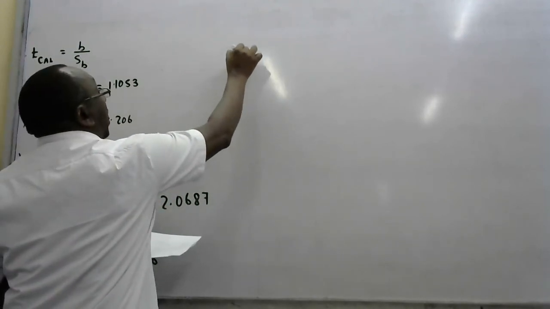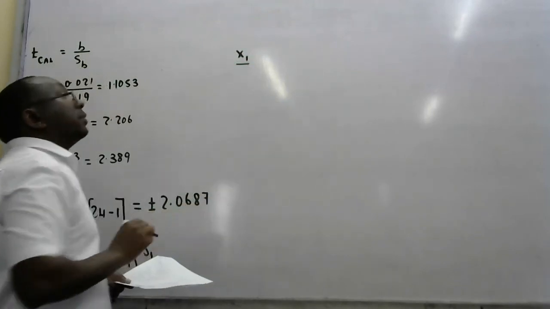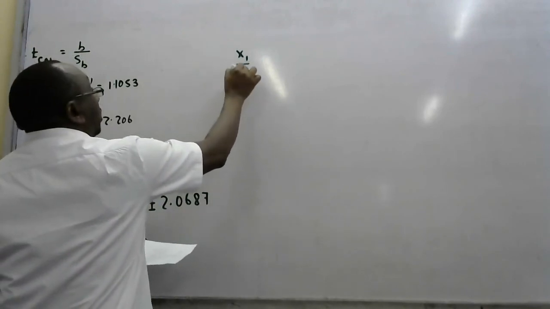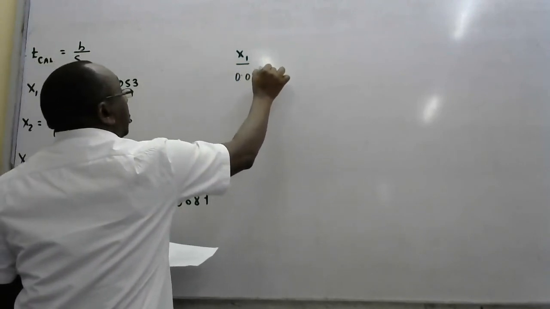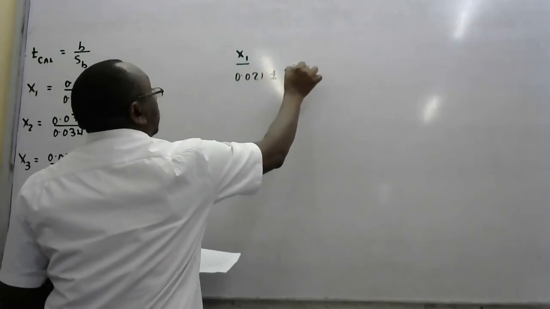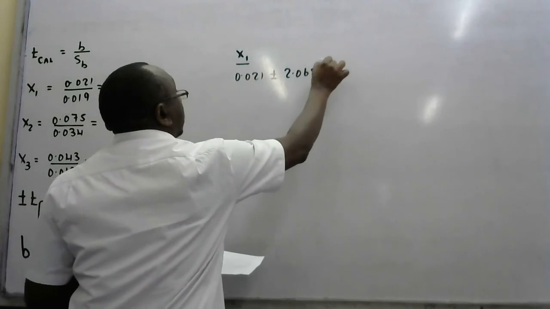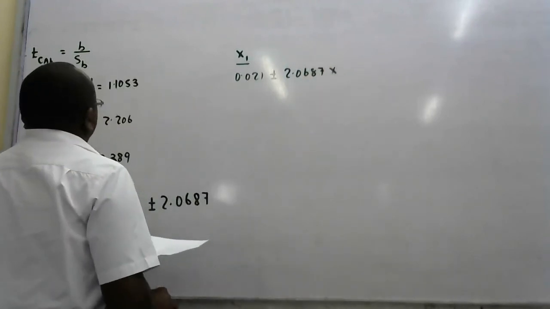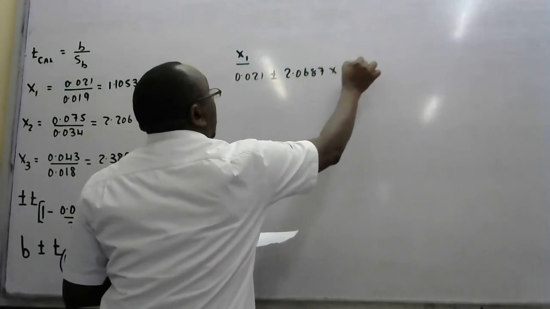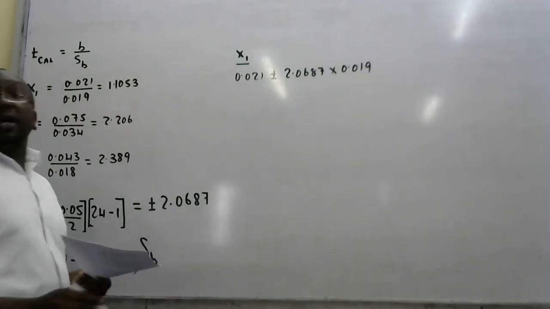So for X1, it is 0.021 plus or minus 2.0687 times the SB, which is 0.019.